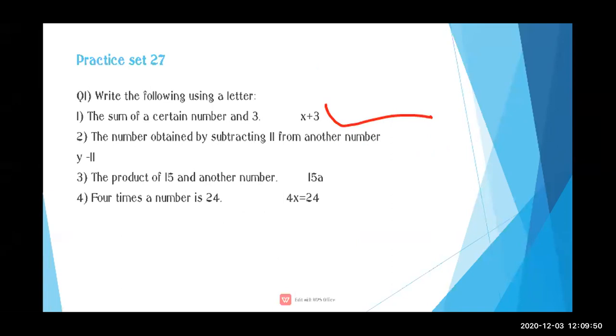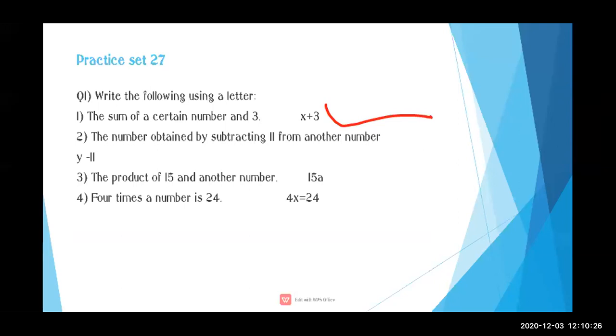Now we will see the second one. The number obtained by subtracting 11 from another number. The another number we don't know, so we are assuming the another number as y and 11 is subtracted from it.